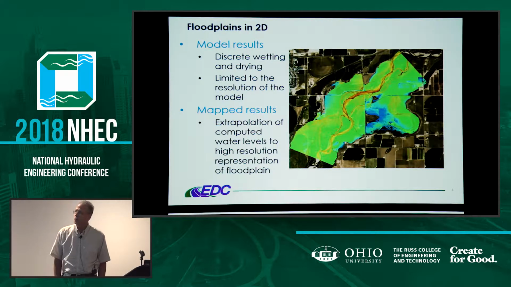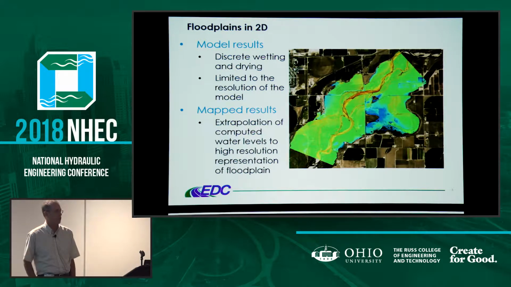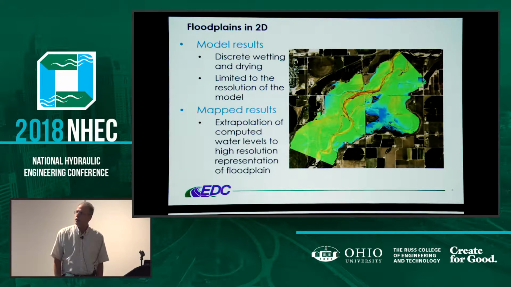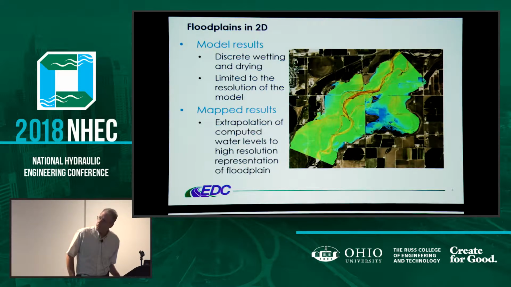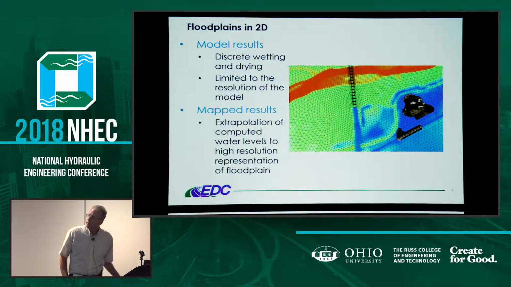So the tools that have been identified and exist in both SMS and in RASMapper allow you to take the water surface elevations computed by the model and interpolate those back to high-resolution rasters or LiDAR sets to determine what to map the depths. So if we look at this image of the South Platte, and zoom in on a region, this shows the depth based on individual cells that the computation was performed on.